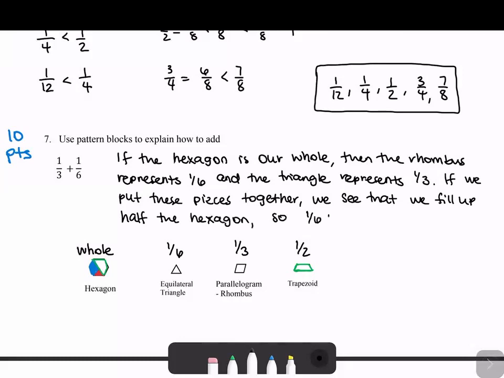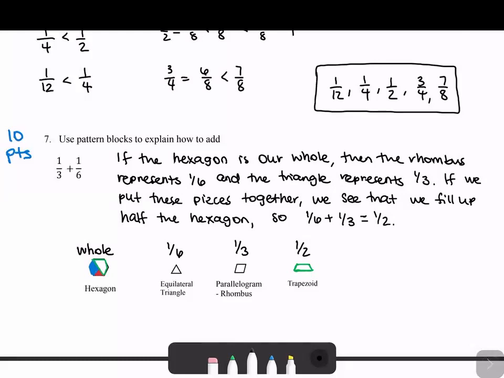So 1/6 and 1/3 is 1/2, because we had the trapezoid shape made from the rhombus and the triangle. So make sure that you can explain in words and pictures and whatever else you need to how to use pattern blocks to add different numbers.